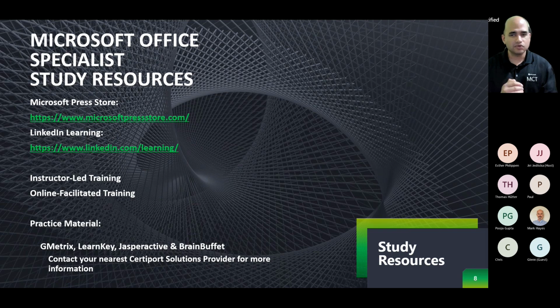The Microsoft Press Store has some great exam reference books available for all of the Microsoft Office Specialist exams. Do go and have a look at that. There are also a lot of resources on LinkedIn Learning. Obviously, you can go for instructor-led training offered by your training company in your country. You can do it somewhere online as well.